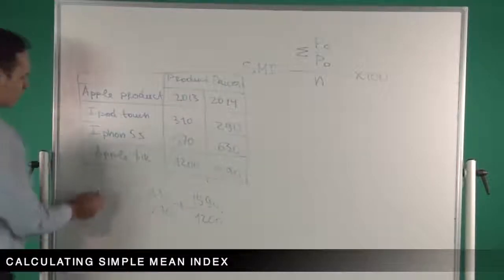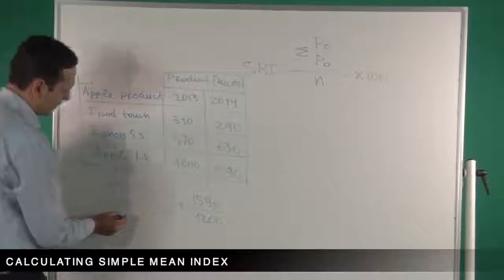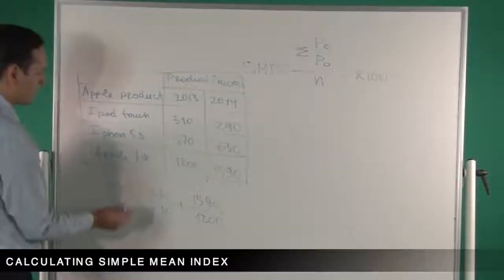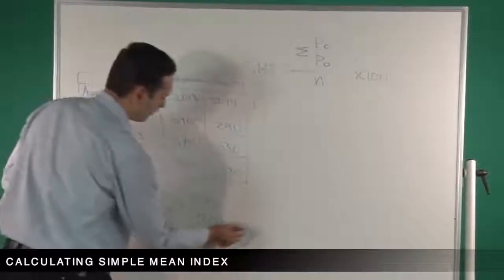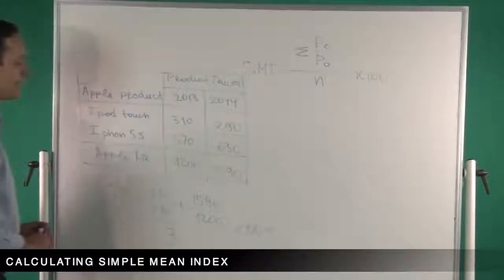And we have to add all of these and divide them by the number of items, which is 3. And after dividing it, we multiply everything by 100 and we will get our SMI.